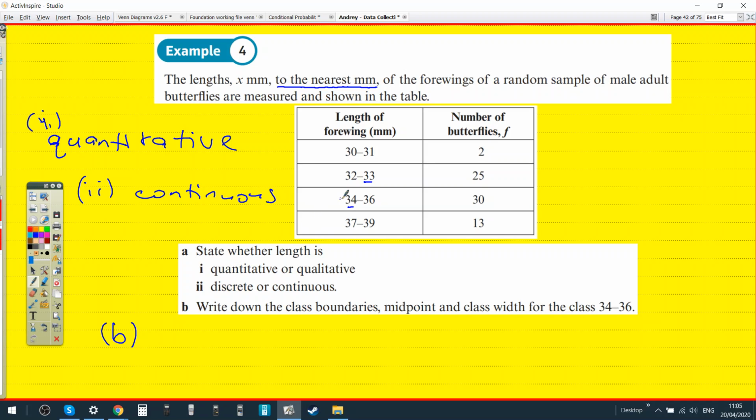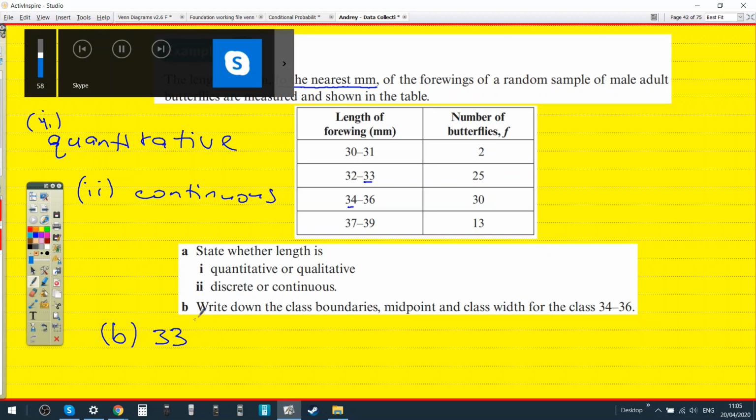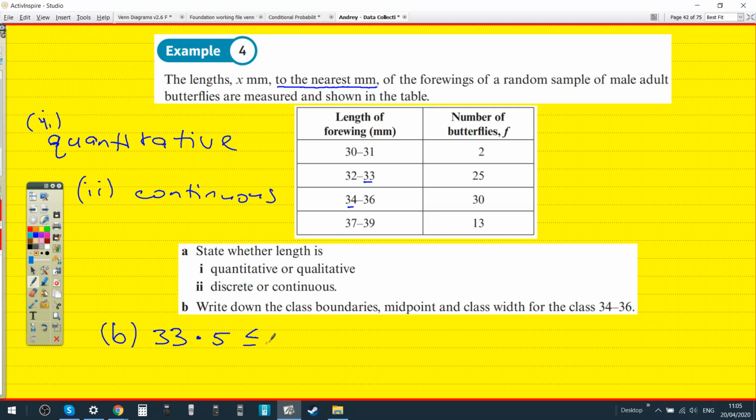We want the smallest number that rounds up to 34. 33.9, yeah. Is there a smaller number that will round up to 34? 33.5. Yes. And so that's the lower bound. So 33.5.